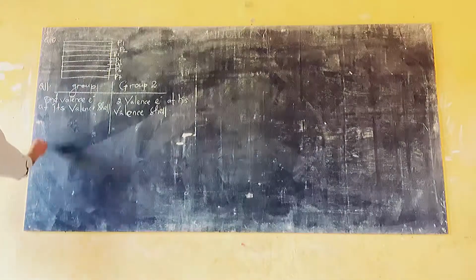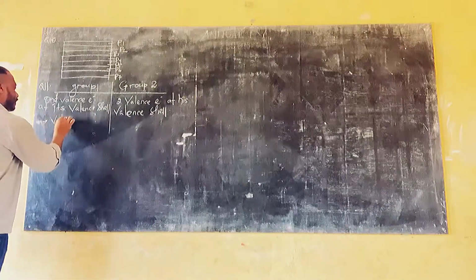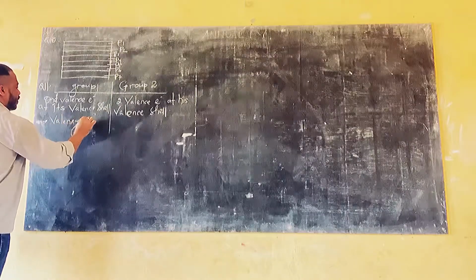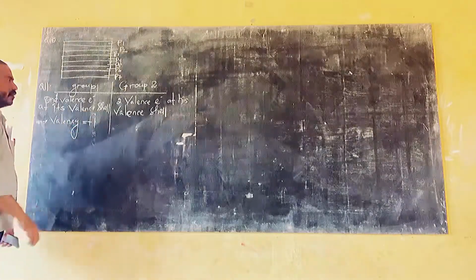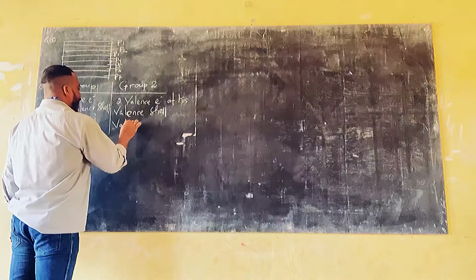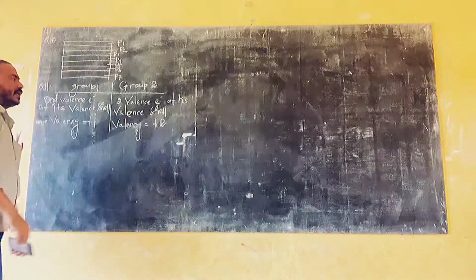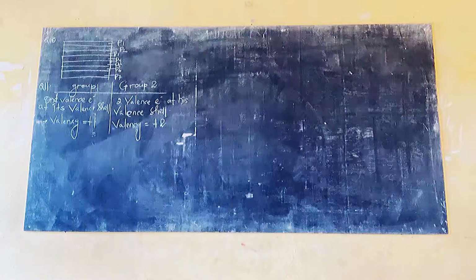Clear? Then second difference, valency of group 1 elements is +1 because they can donate only 1 electron, and valency of group 2 is +2 because they can donate only 2 electrons. Done.